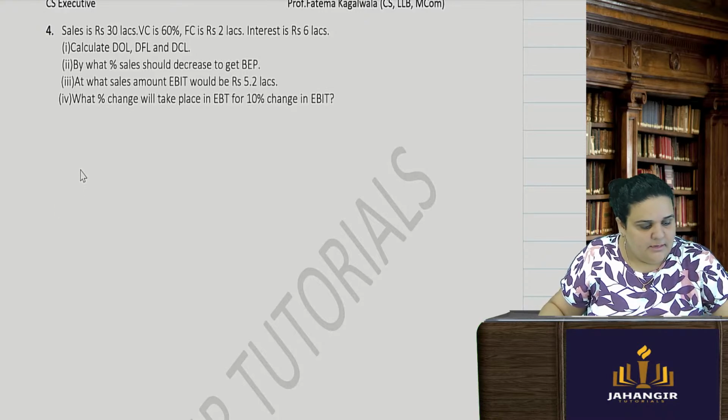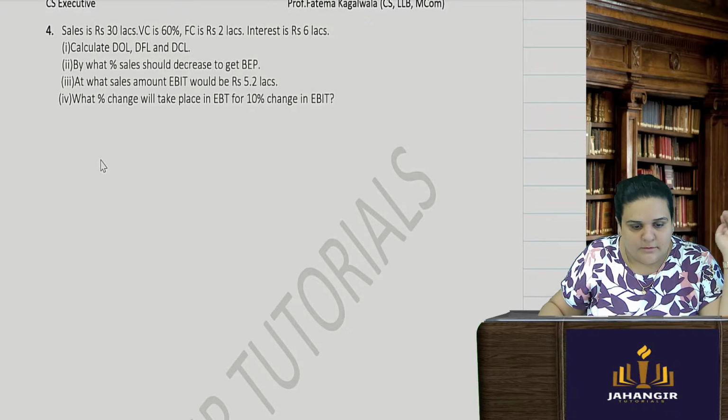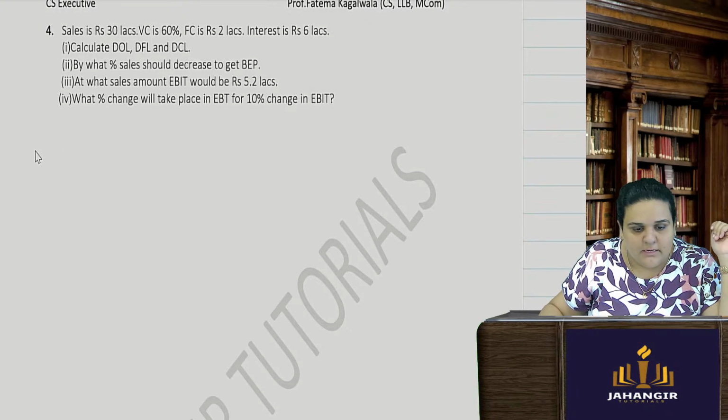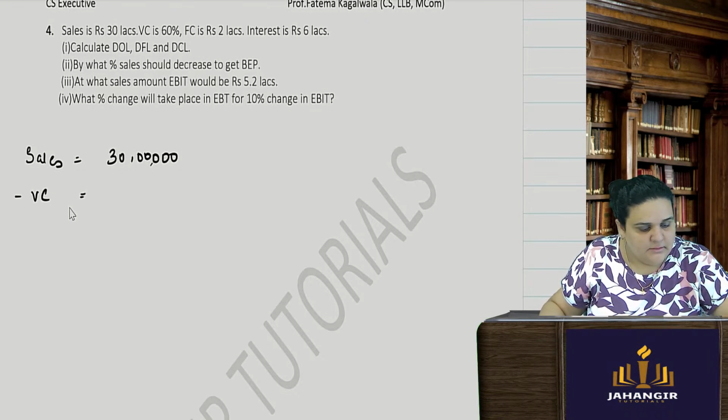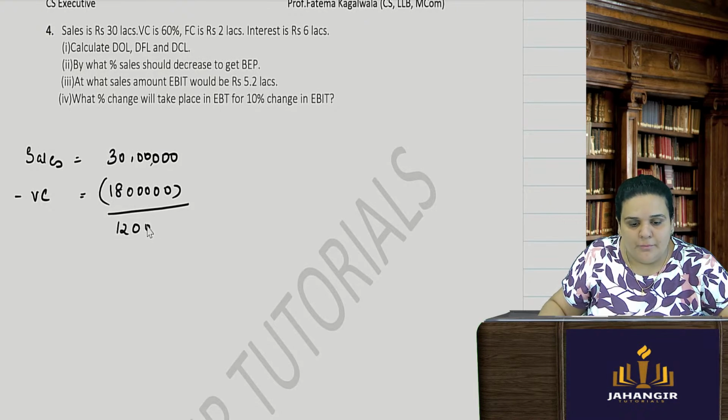First, I am just making my income statement. Okay, so I am starting with sale 30 lakhs minus variable cost, which is 60%. So 18 lakhs. 12 lakhs will be my contribution.